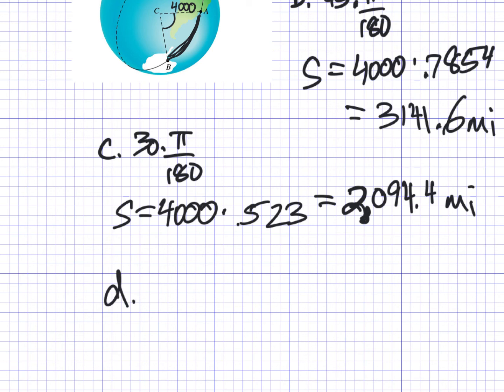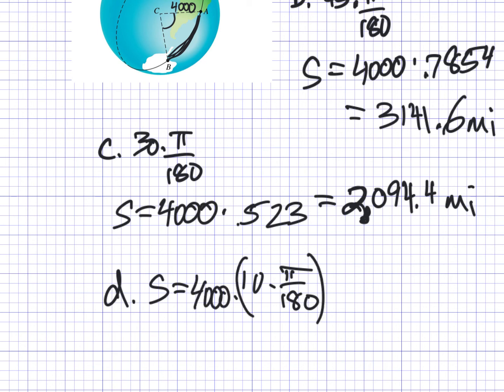And then D is 10 degrees. So not a lot of distance here. First of all, we take 10 times pi over 180. So 10 times pi divided by 180 is 0.1745. So that's 4,000 times that decimal, and you get 698 miles.